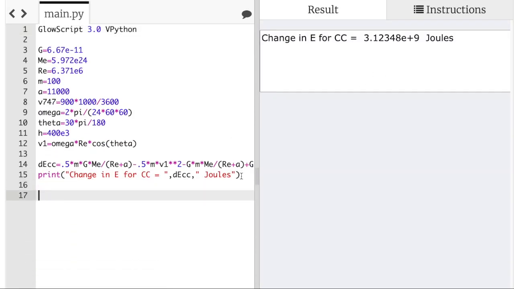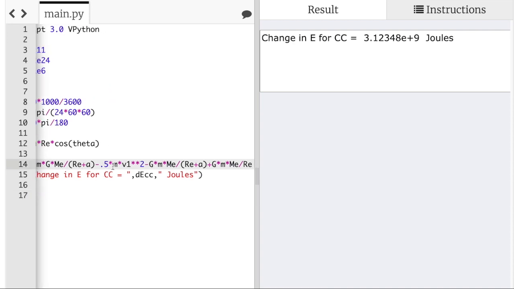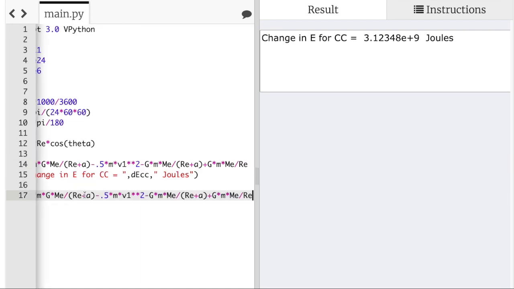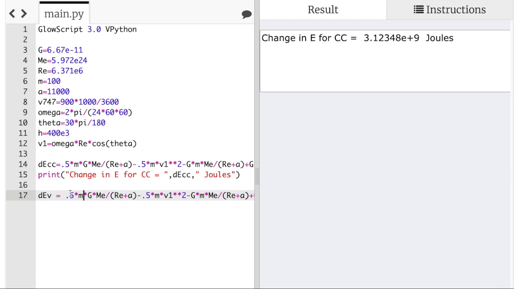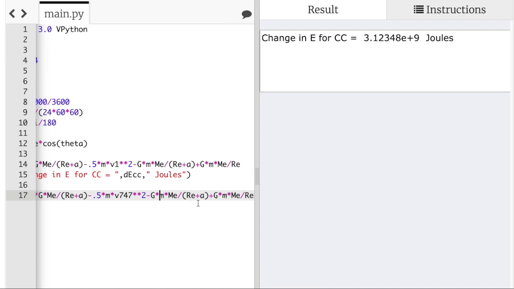Now I'm going to do the same thing for the Virgin Orbit. DEV equals, I could copy this whole thing, but I shouldn't do that because I might make a mistake. Only some of the stuff changes. This is the same. This is different, this is the V747. That's the same.